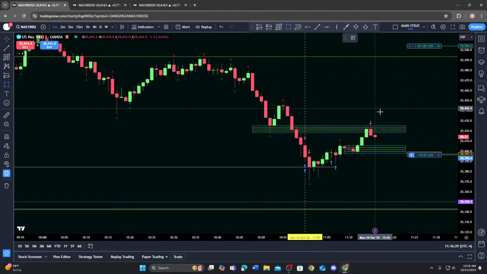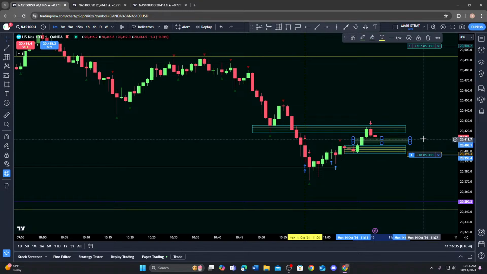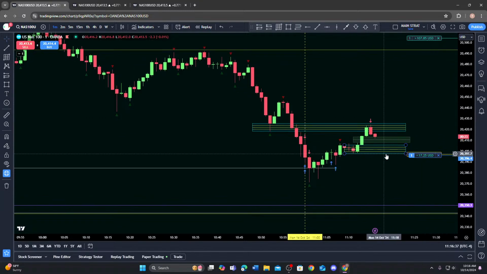Now we have two things. We have a fair value gap here, fair value gap there, and an order block down here.